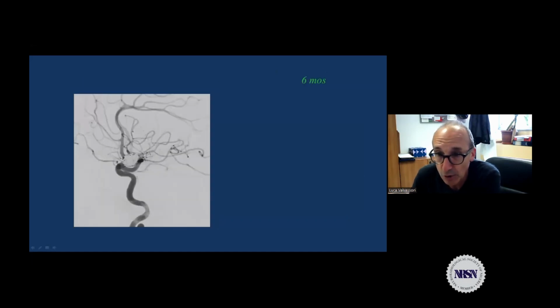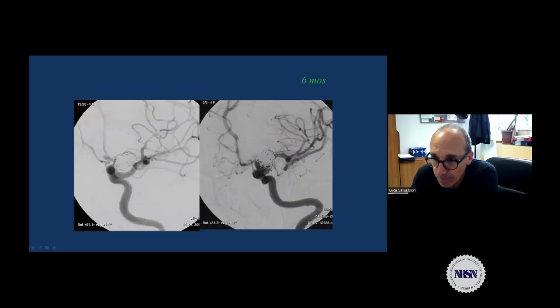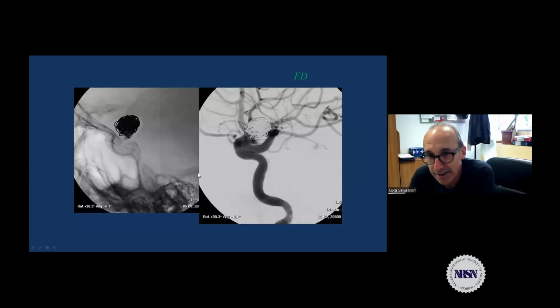This is the control after the procedure. At 6 months, as predictable, we have all this part that is recanalization. So what can we do? We can fill with other coils, but probably it's just taking additional time, but sooner or later it will recanalize as well.